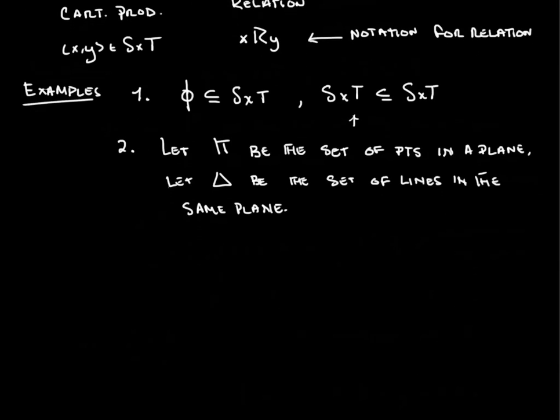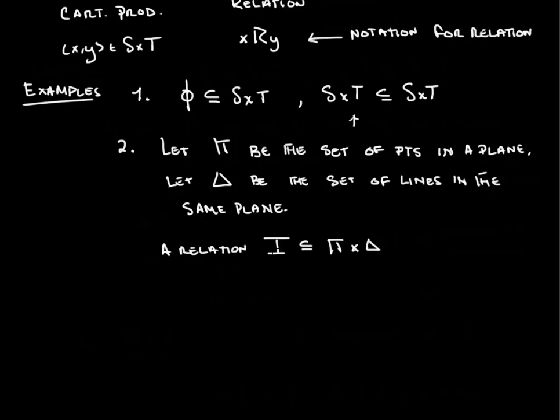So what we're going to do is define a relation capital I, so it is a subset of the product of all my points and all my lines.